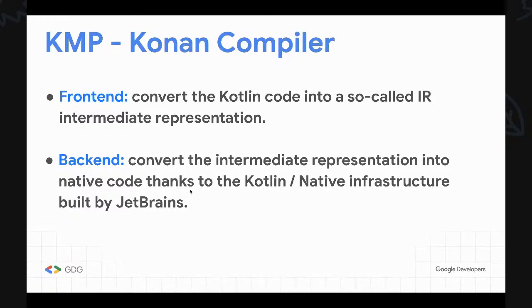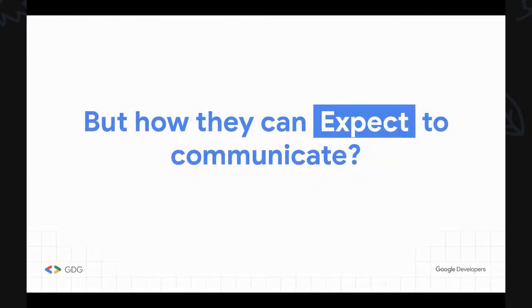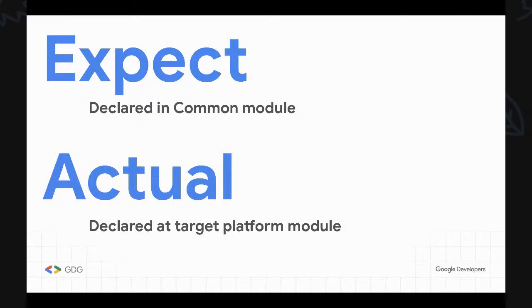But if we think deeply about all this cross-platform, having several targeted platforms, a common code and specific code for each targeted platform, we can ask the question: how will all this communicate? This is done by using two keywords.